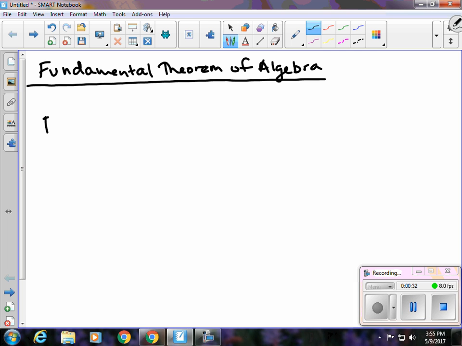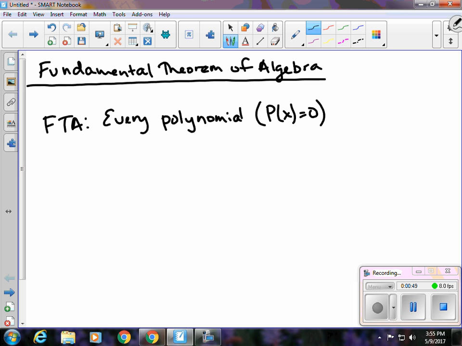So by the fundamental theorem of algebra, it states every polynomial in the form of p of x equals 0 of any degree with complex number coefficients.